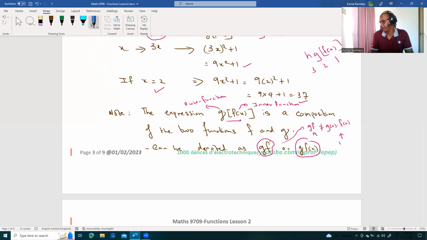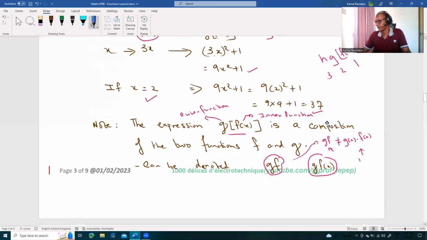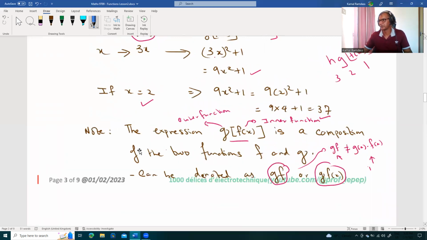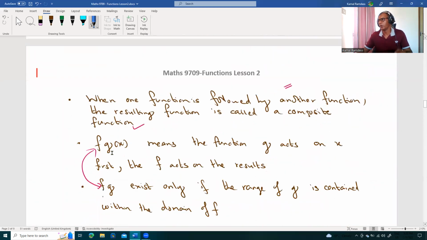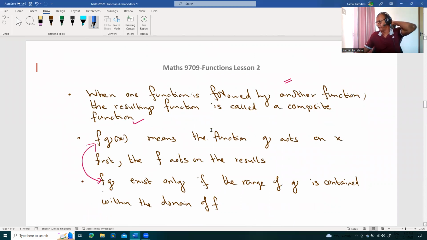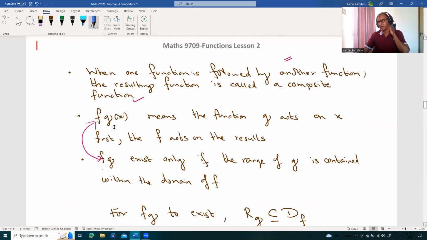OK? And remember that gf is not equal to g of x times f of x. This is a composition. This is a multiplication. Okay? When one function is followed by another function, the resulting function is called a composite function.